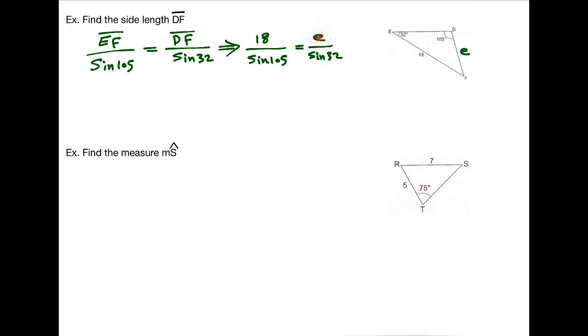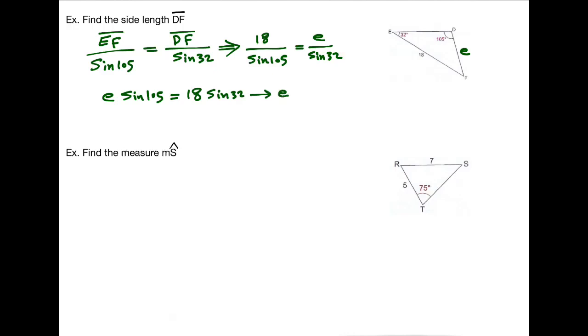Remember that whenever you have a rational equation like this one, the cross product will give you the answer, right? So let's just cross product here. e times sine of 105 is equal to 18 times sine of 32. Now we divide by sine of 105.